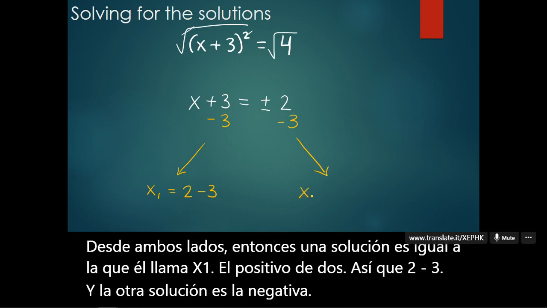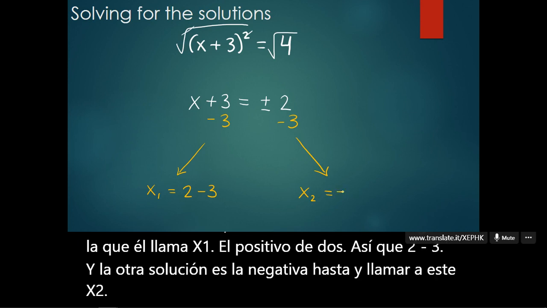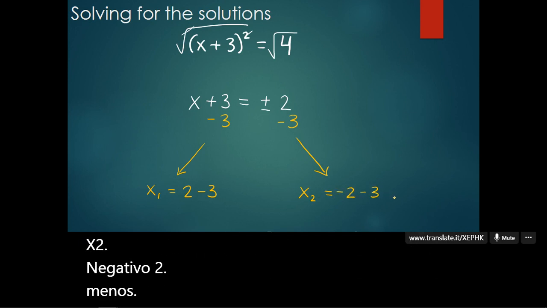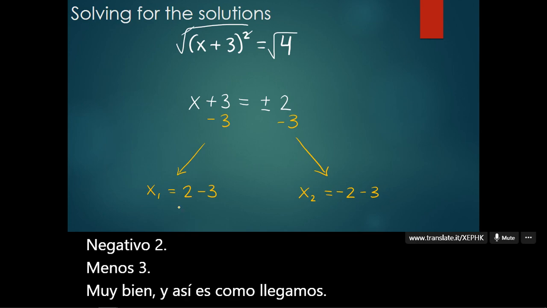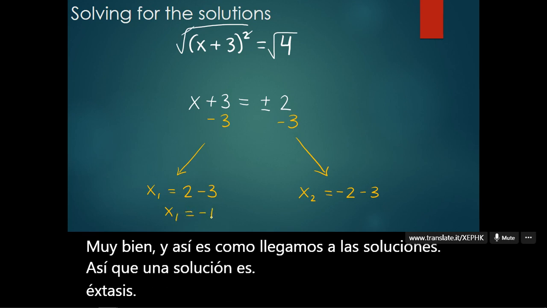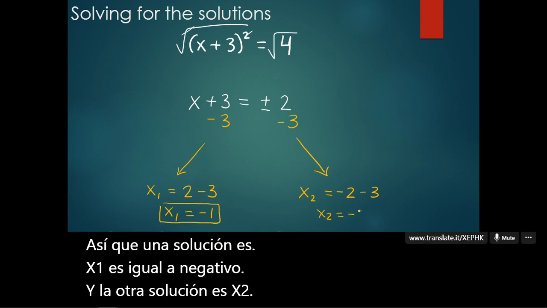You can call this x2, negative 2 minus 3. All right, and this is how we get two solutions. So one solution is x1 equals negative 1. And the other solution is x2 equals negative 5.